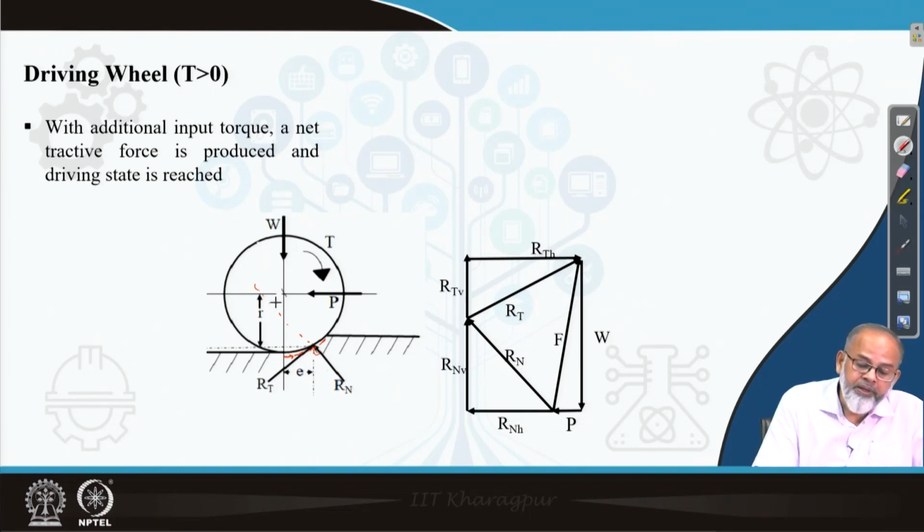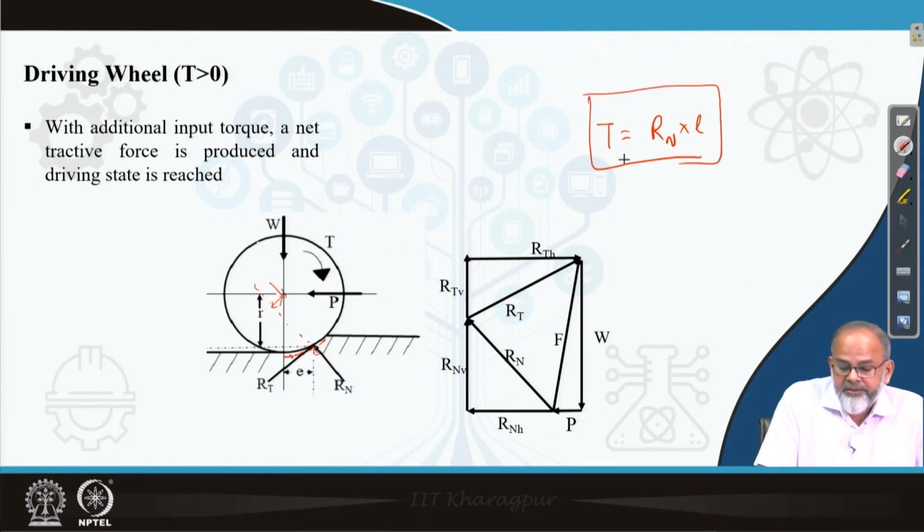In case of a towed wheel, since torque was 0, it was passing through the center of the wheel, but in case of a driving wheel, since torque is acting, you have to oppose that torque. So torque will be equal to Rn into this distance, the distance of the line of action from the center. Suppose that is denoted as L. So Rn should act at a certain point so that its moment will balance this torque.